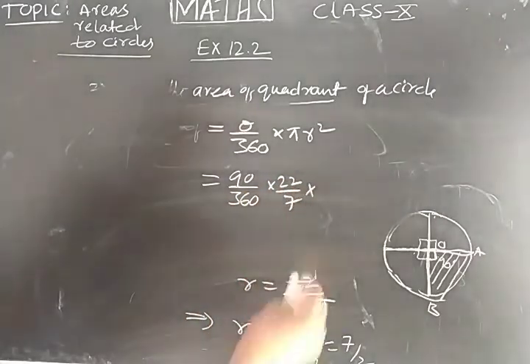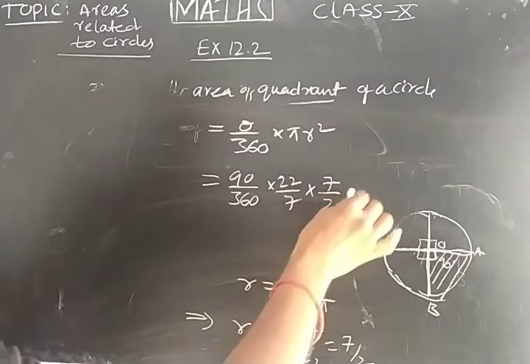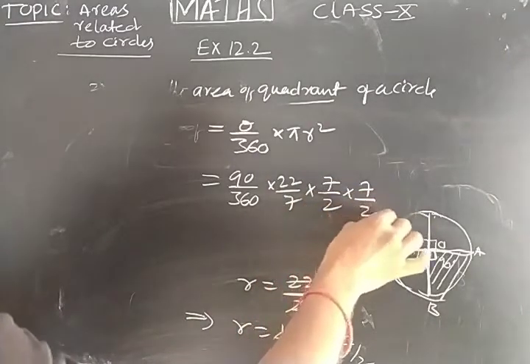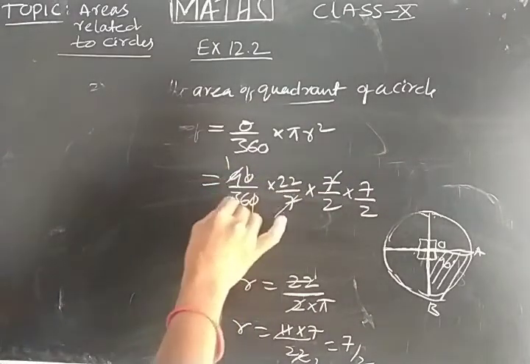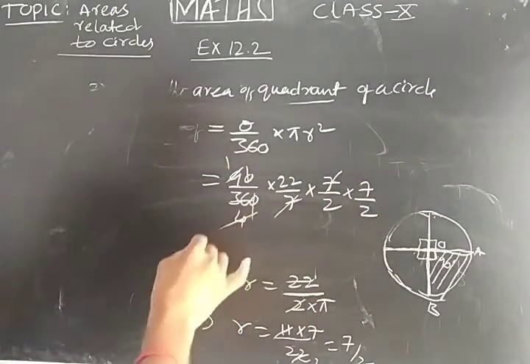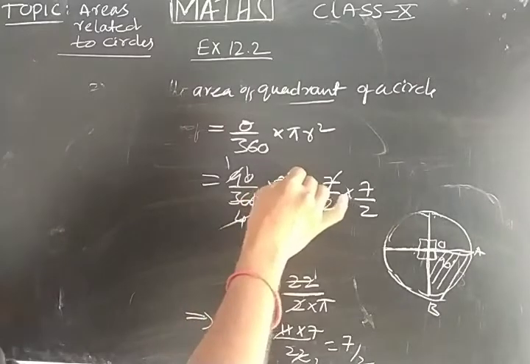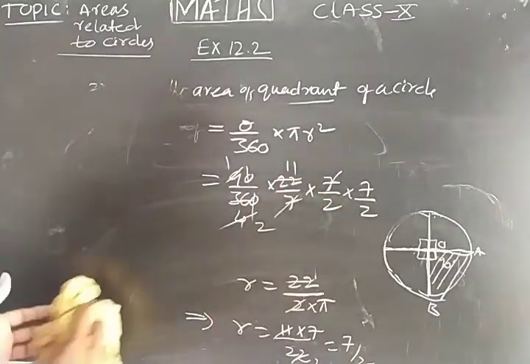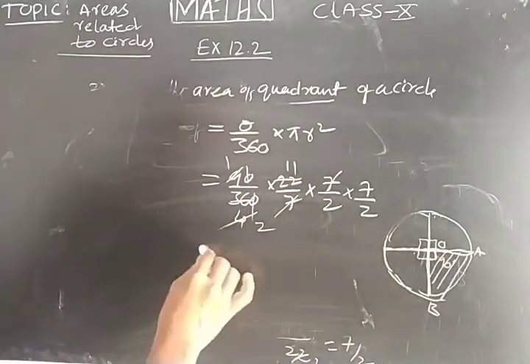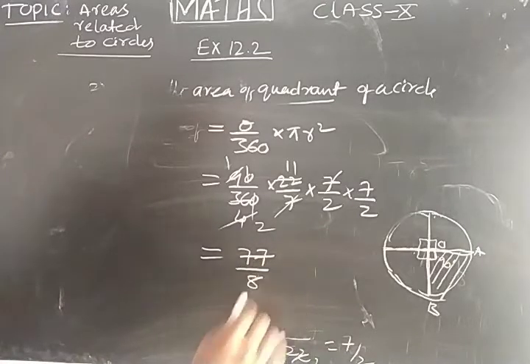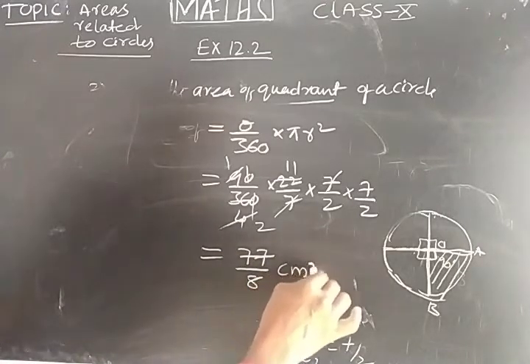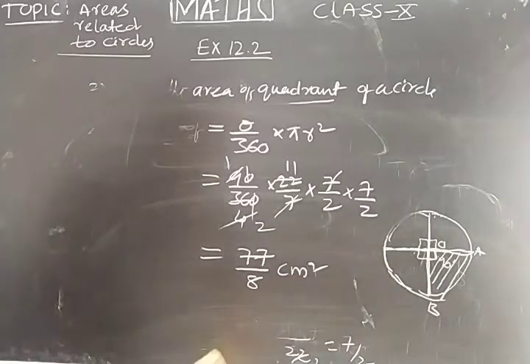R square, 7 by 2 into 7 by 2. 7 cancels, 9 ones are 9, 4 twos are 8, 2 elevens are 22... we got 77 by 8 centimeter square. So this is the area of the quadrant of a circle.